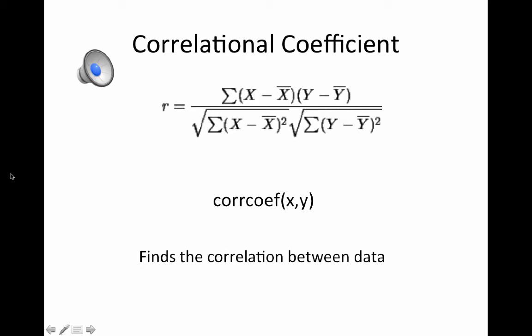The last statistical measurement that we're doing in this topic is the correlation coefficient, which is basically the covariance all over the square root of the variance times the variance. The equation is the sum of x sub i minus the mean of x times y sub i minus the mean of y, all over the square root of the sum of x sub i minus the mean of x, squared, times the square root of the sum of y sub i minus the mean of y, squared.